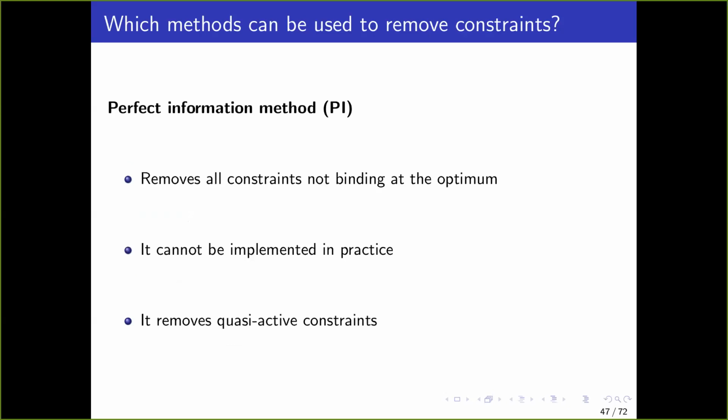Then we have the perfect information method. This is not very intuitive. It's going to remove all constraints not binding at the optimum. So you cannot really implement it in practice because you don't know the constraints that are binding if you haven't solved the problem. And that's the whole point. But it's going to be useful also for comparison purposes.